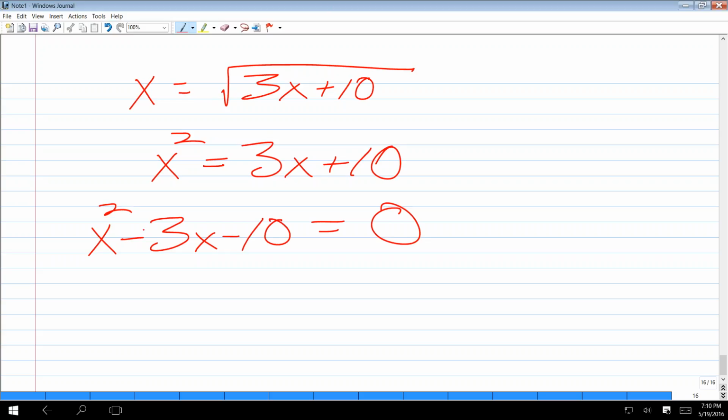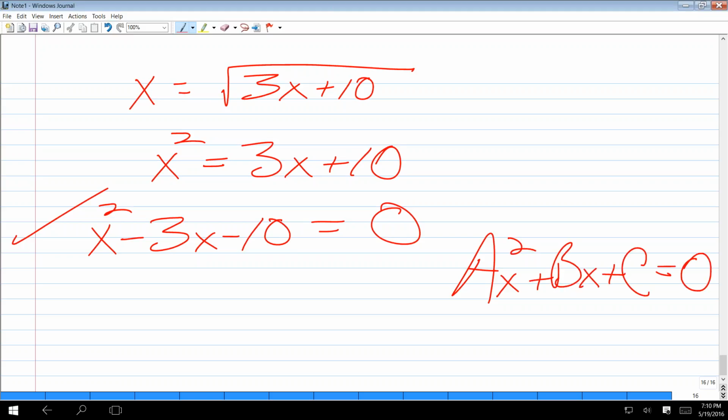But this always works. This is called standard format, okay? Standard format is ax squared plus bx plus c equals 0. And this a, b, and c are the a, b, and c from the quadratic formula.